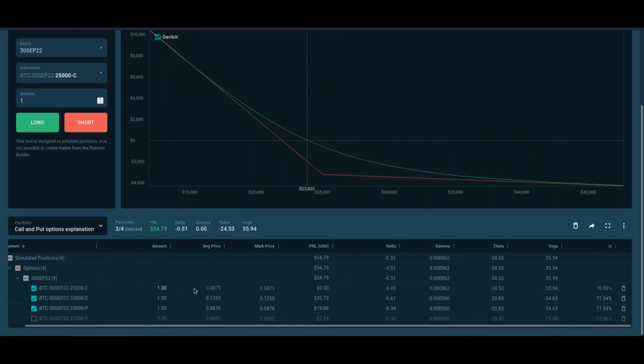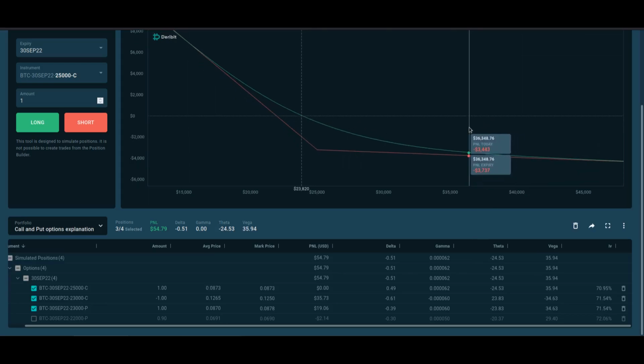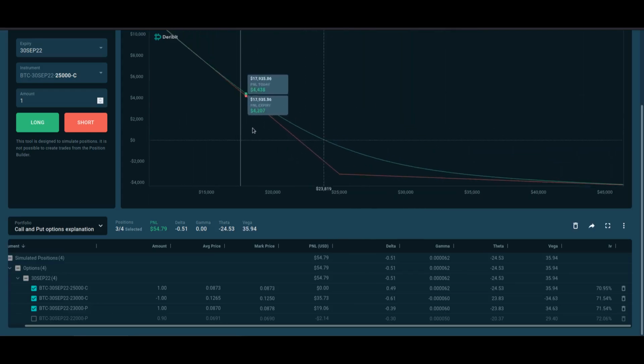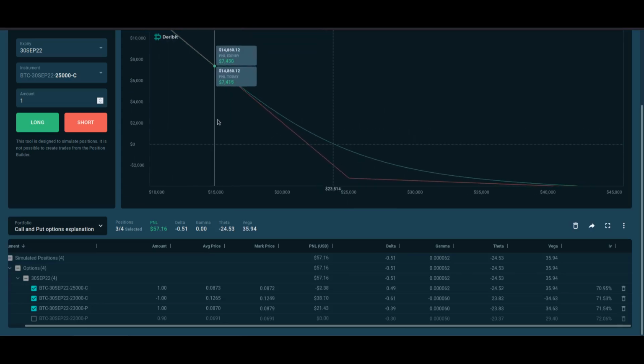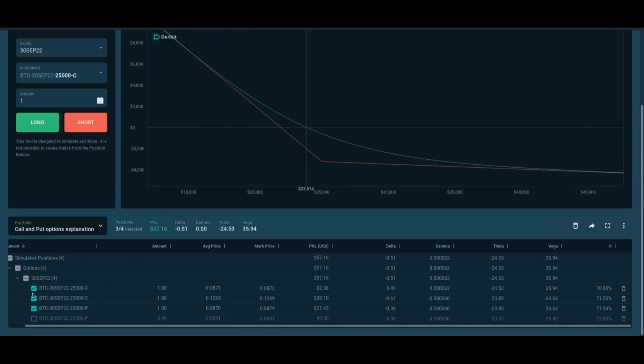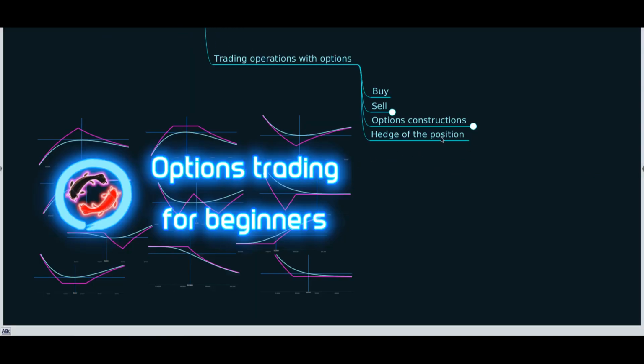So we have bought call, okay, and we got basically a synthetic put, and our position is hedged in case price goes up, and we have relatively infinite potential profit. So I've just covered buying futures or options, call and put, selling call and put, and hedging the position.